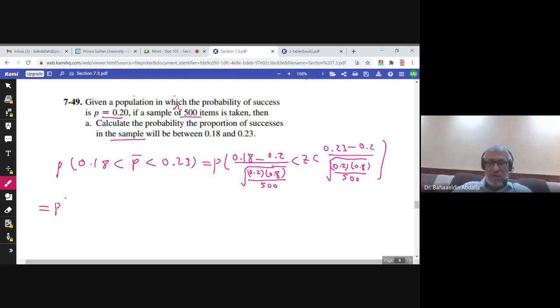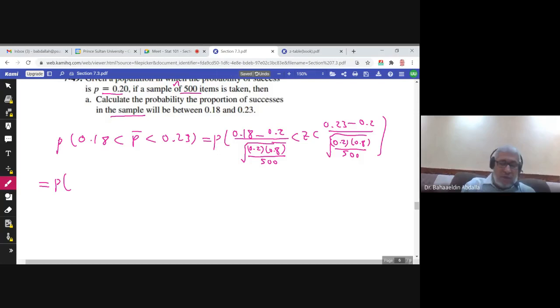Now, when you evaluate all of this, you will get the following. 0.18 minus 0.2 over the square root of 0.2 times 0.8 over 500. The answer is negative 1.118, so it would be -1.12 less than Z less than, and here now I have 0.23 instead of 0.18, so the answer would be 1.677 or 1.68.